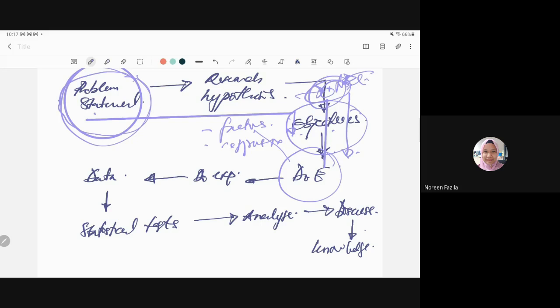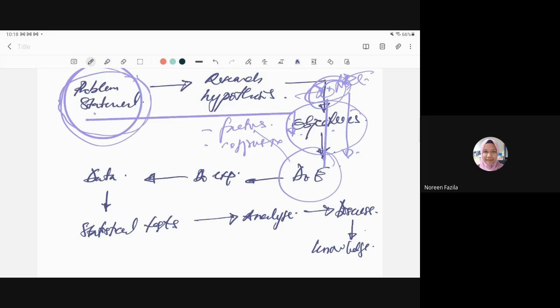That is why my advice to students is that you need to understand the problem statement. Don't only look at the title and the objectives. Understand the problem statement, even though it is not your title. Make this problem your problem.